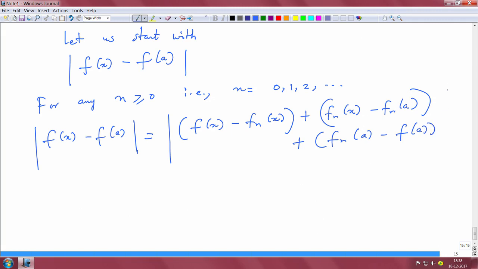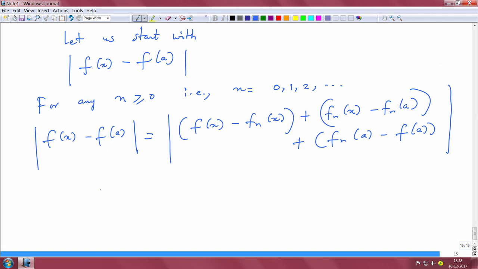Very conveniently, if you are seeing the trick here, you can invoke the triangle inequality for this term that I have written here. What I have done is, for f of x minus f of a, I add and subtract fn of x and fn of a.